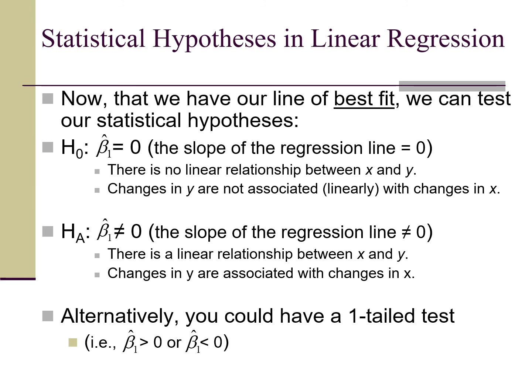So all we could say is that there are 5 species on average with some confidence interval. If we come up with a good regression, we can say, oh, well, this particular kind of pond actually has not been burned in quite a while, so it probably has more species. So our null hypothesis is that there's no relationship between x and y, and that changes in y are not associated with changes in x.